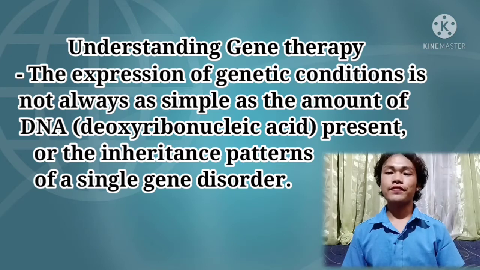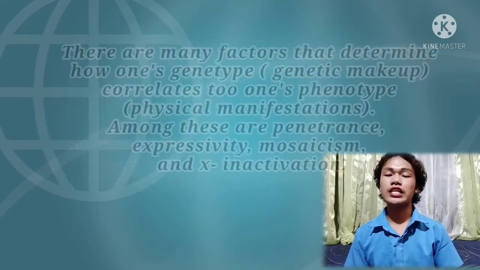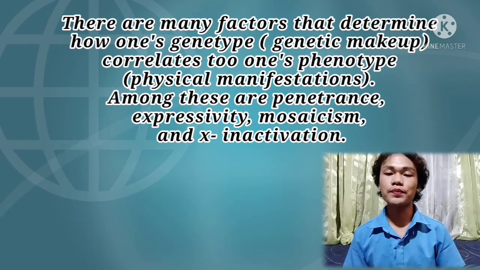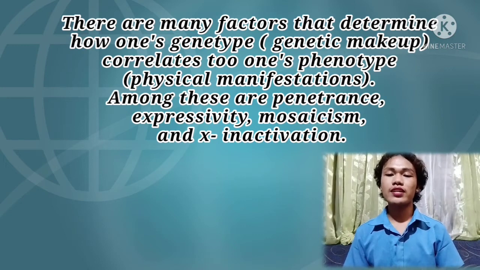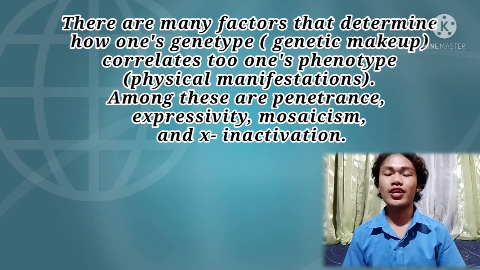Understanding gene therapy. The expression of a genetic condition is not always as simple as the amount of deoxyribonucleic acid, or DNA, present, or the inheritance patterns of single gene disorders. There are many factors that determine how one's genotype, or genetic makeup, correlates to one's phenotype, or the physical manifestations. Among these are penetrance, expressivity, mosaicism, and X inactivation.